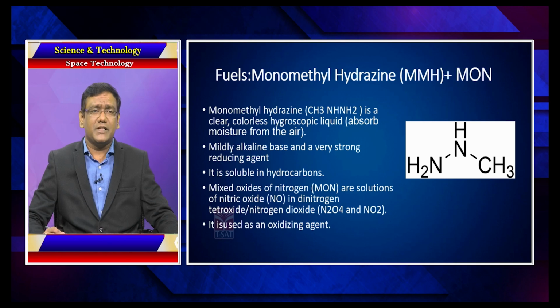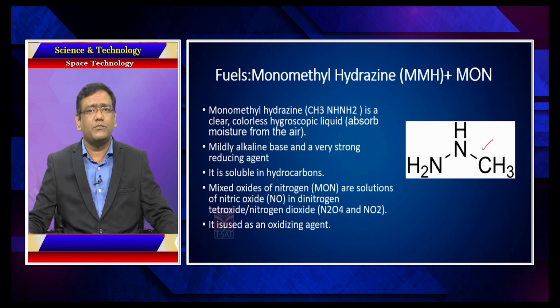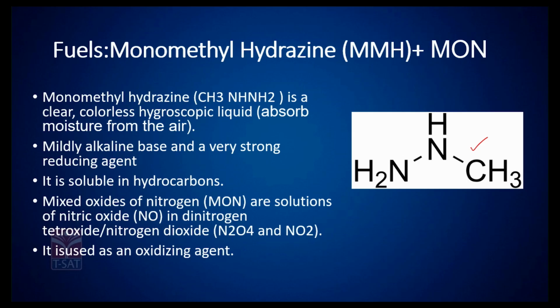MMH is monomethyl hydrazine. It is a clear, colorless, hygroscopic liquid, which means it absorbs moisture from the air. It is a mild alkaline base and a very strong reducing agent, and it is soluble in hydrocarbons.